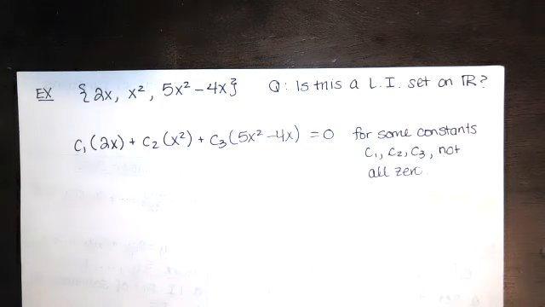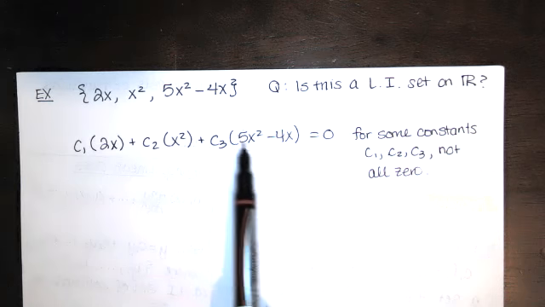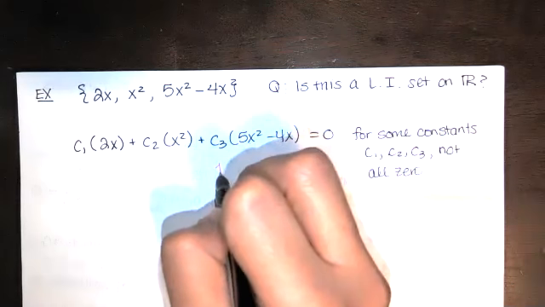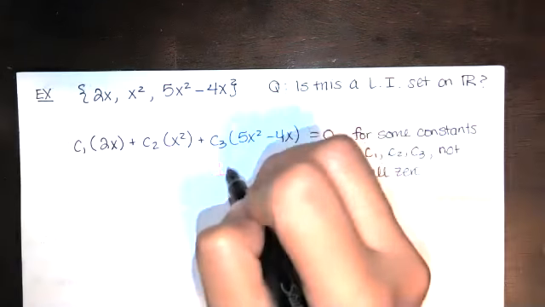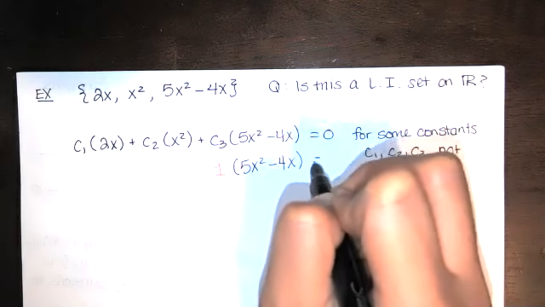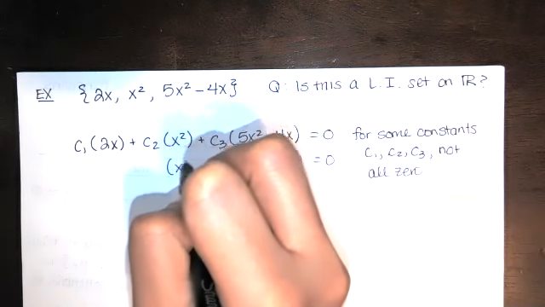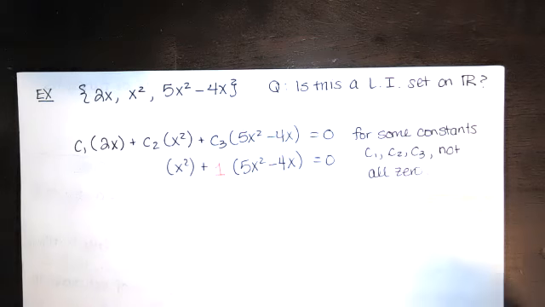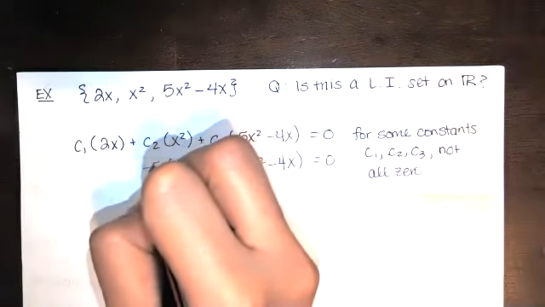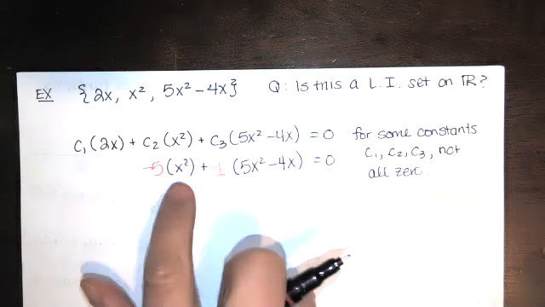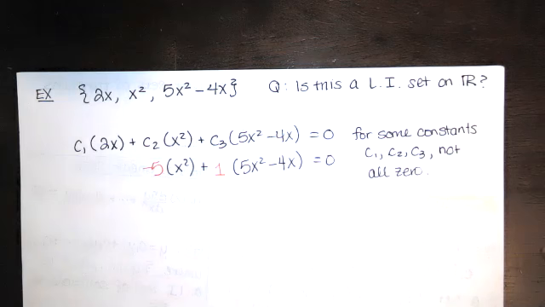Well, I think it can, because if I've got a 5x squared over here, if I make this C sub 3 a 1, in order to get rid of that 5x squared from here, I could make that C sub 2 a negative 5. So that I'd have a negative 5x squared plus 5x squared is 0x squared, and the x squareds would be gone.